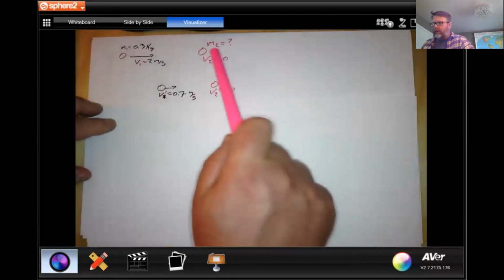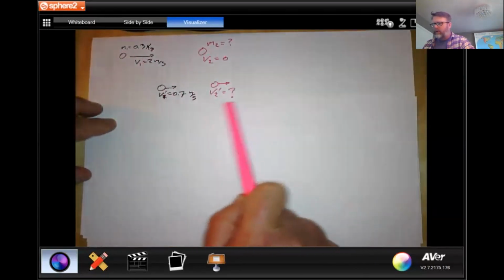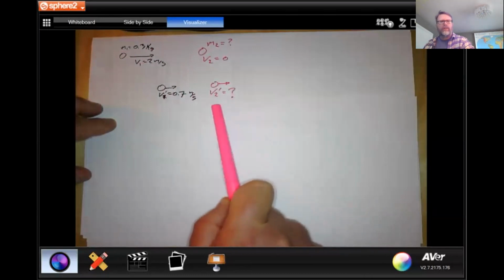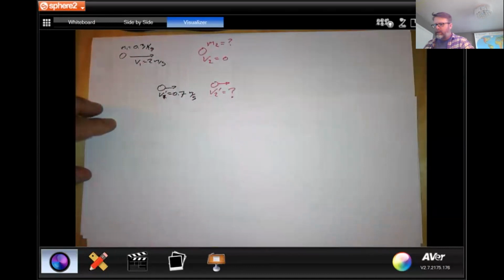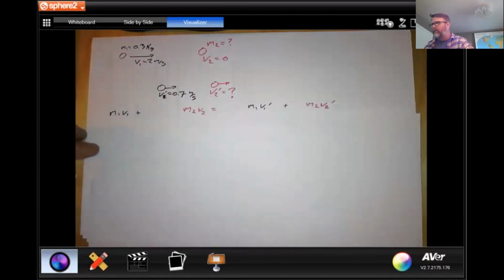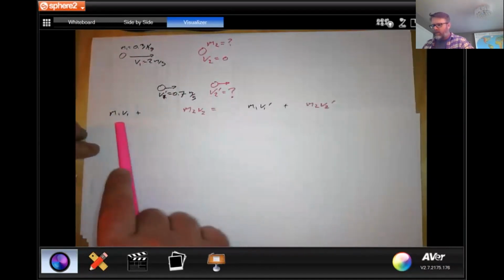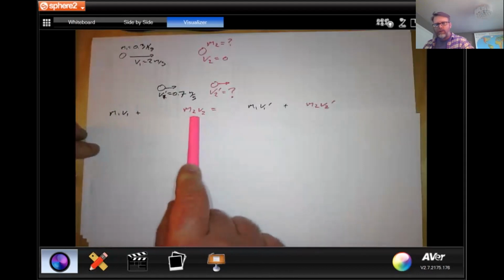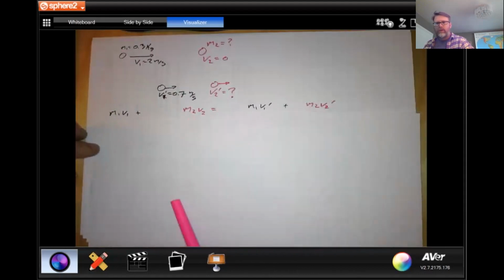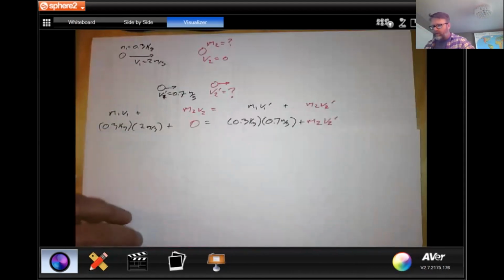This object, however, we don't know the mass and we don't know its final velocity. Okay, we do know it's a collision, so it automatically means momentum will be conserved. So we can set it up with the momentum of each initial condition and the momentum of each final condition. Okay, and then we can start plugging in numbers and see what we come up with.